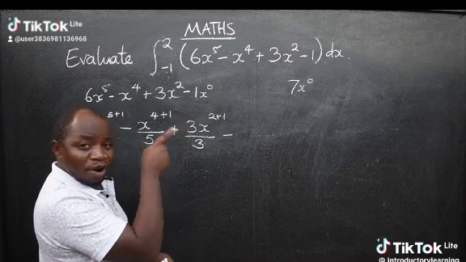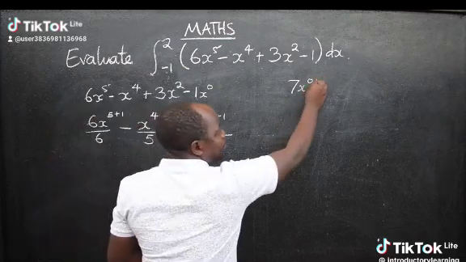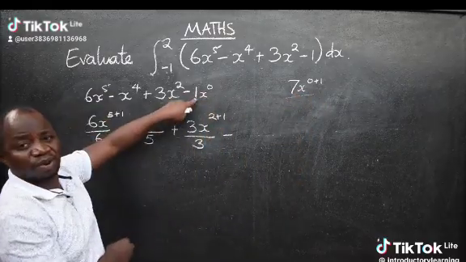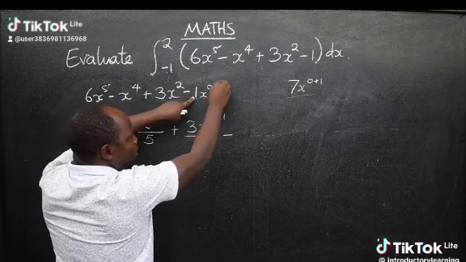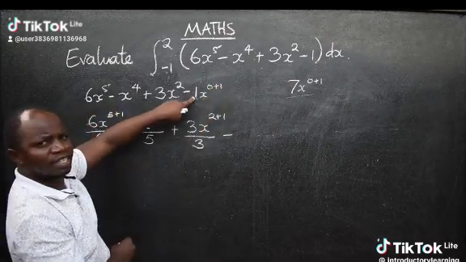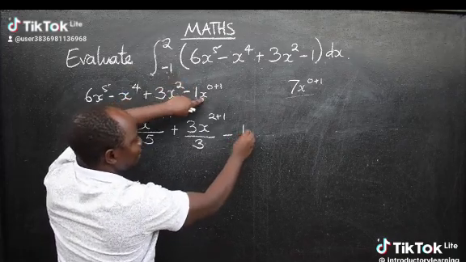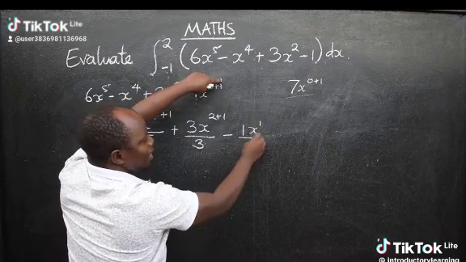So remember, always remember that when you are integrating, because this will be plus 1 divided by 1. So this is 1x to the power 0 plus 1. So I'll be able to say 1 here, x, 0 plus 1 is 1 divided by 1.